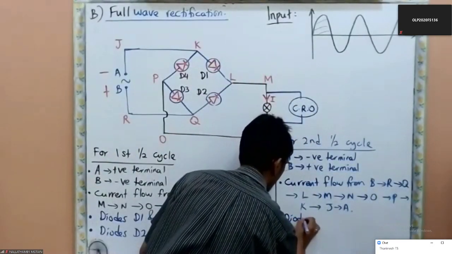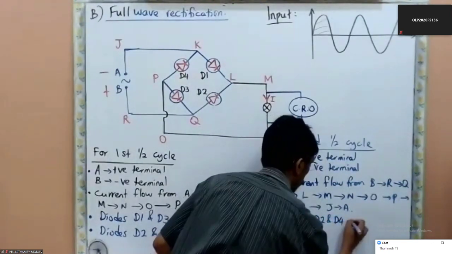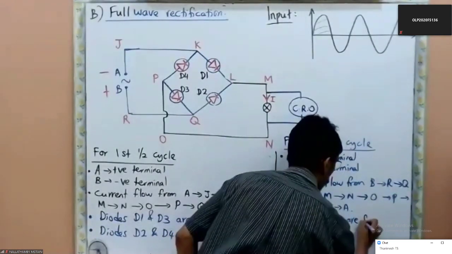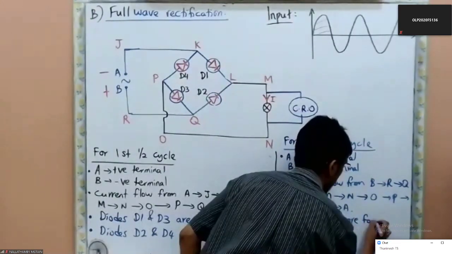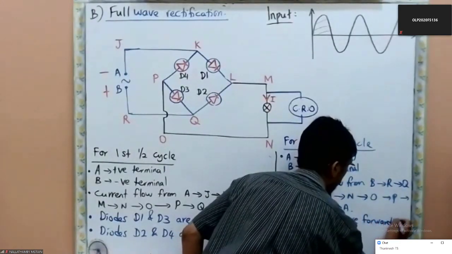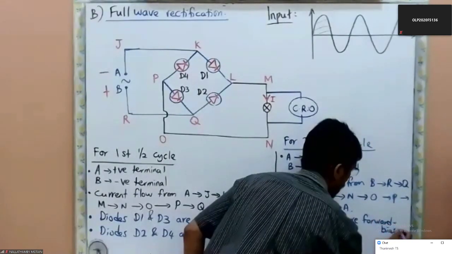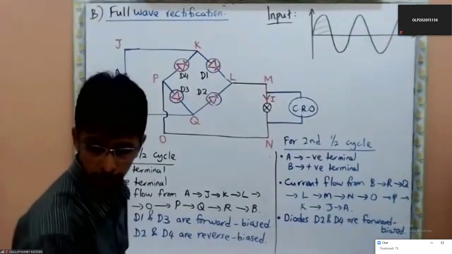Okay, so diodes D2 and D4 are forward biased.